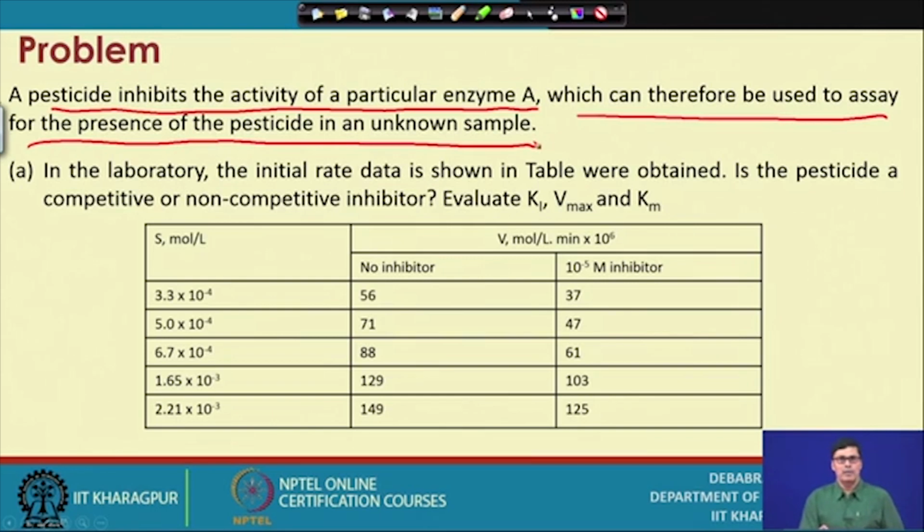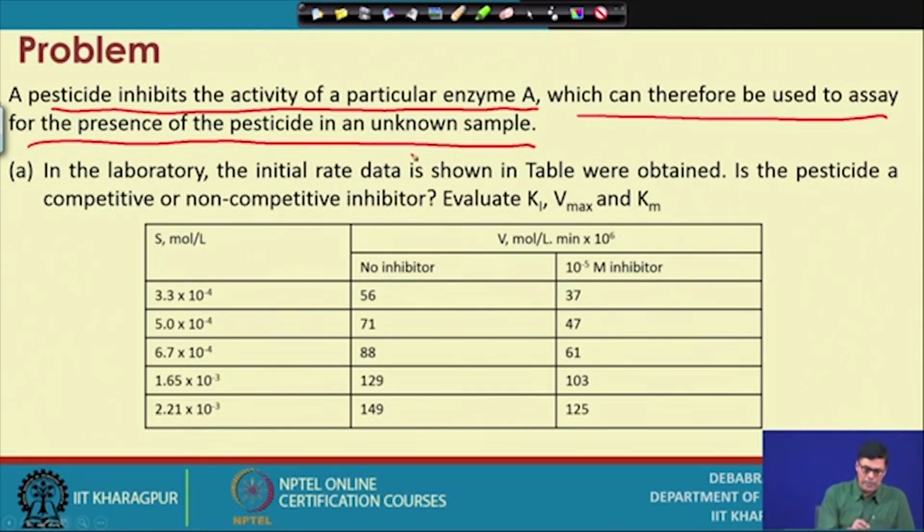This is one way. Besides that, I told you that inhibition also has a greater role to play in the medicinal sector, because this enzyme can be largely used for the production of sulfur drugs, and also for some other purposes. Now, this problem deals with how the pesticide concentration can be determined.